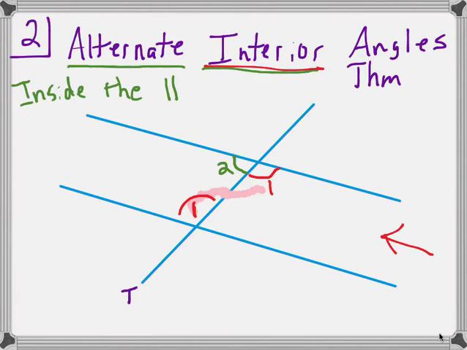And similarly, I'm going to do the same thing with angle 2. I'm going to use my highlighter here. Go across the transversal and get to this angle that's inside here, and that will be the other congruent angle of angle 2.